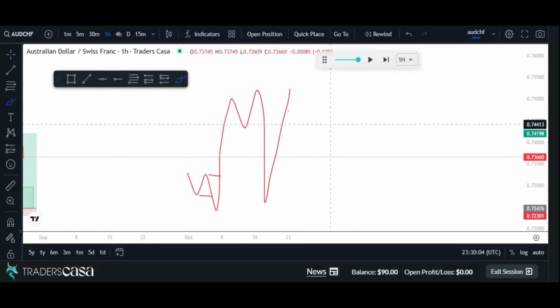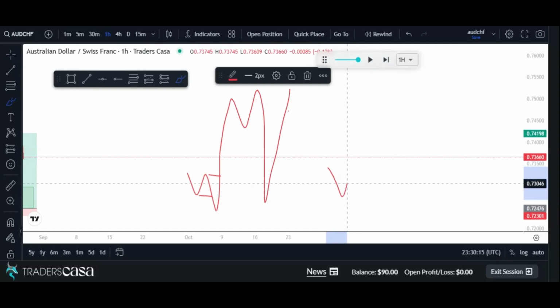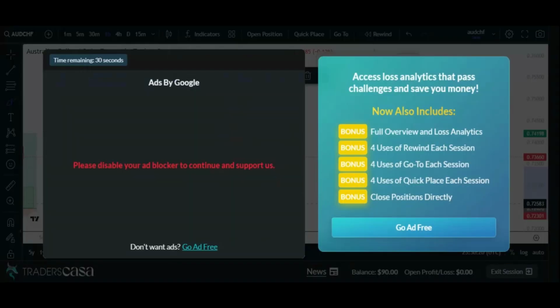Then we also have a breaker block that comes with a structural liquidity. We have a sweep of a low, then we have a structural liquidity.